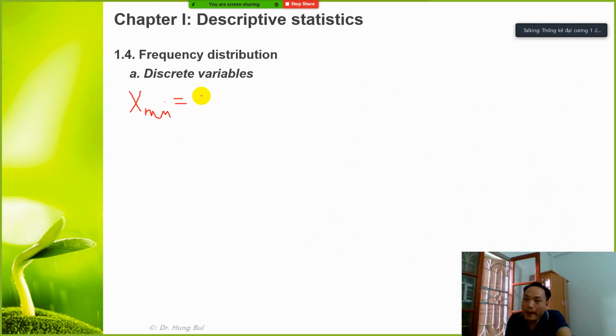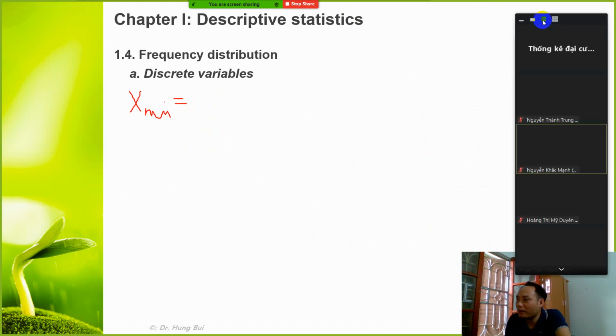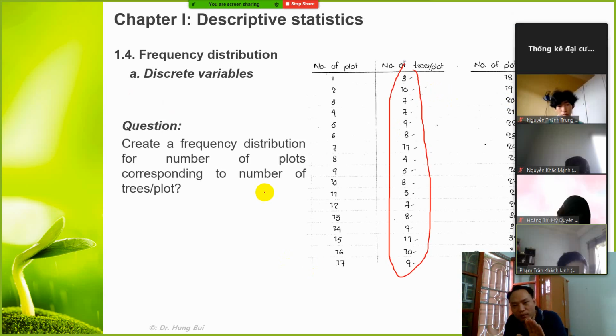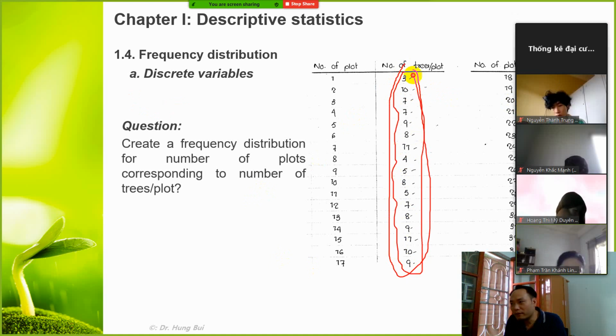Minimum is, tell me. Look at the book, look at these numbers and find the minimum. So what is the minimum? 3.